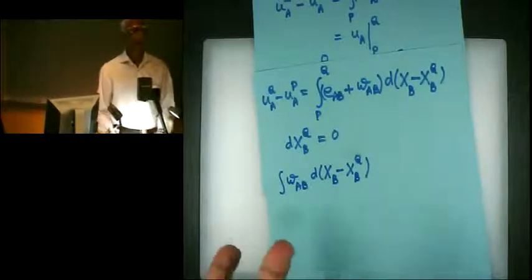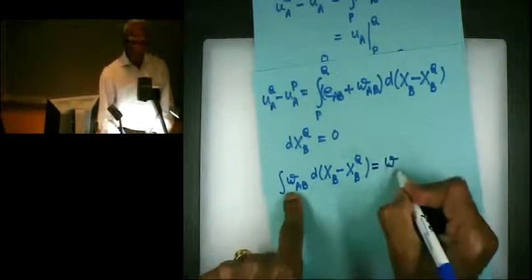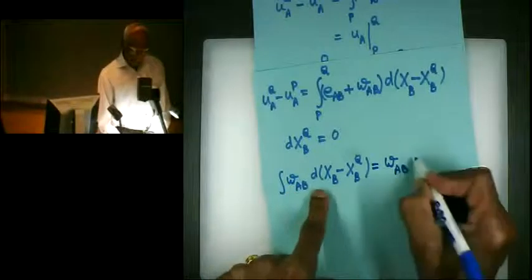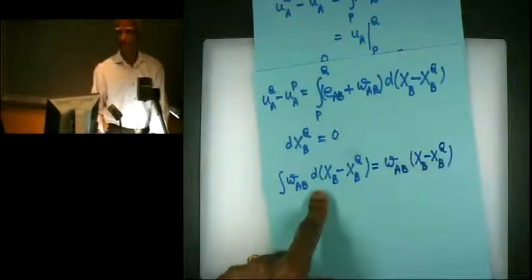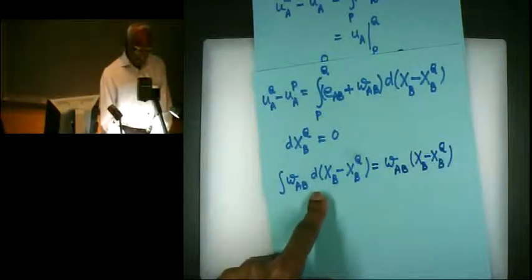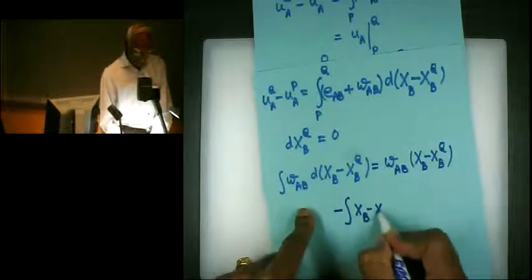So let's integrate by parts. So the first function as it is, integral of second, that's xb minus xbq, minus integral of second derivative of first.